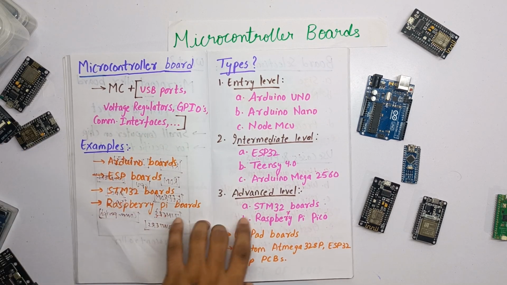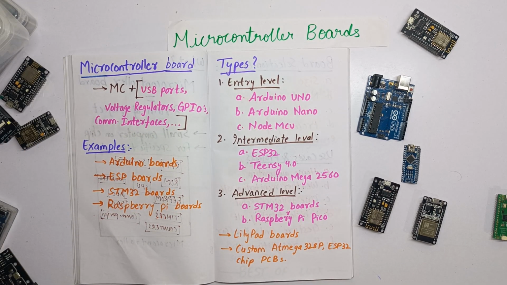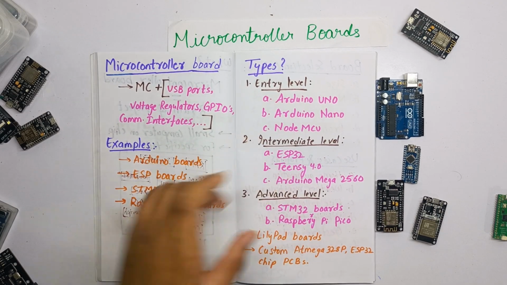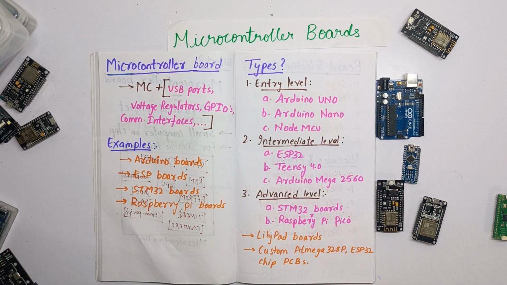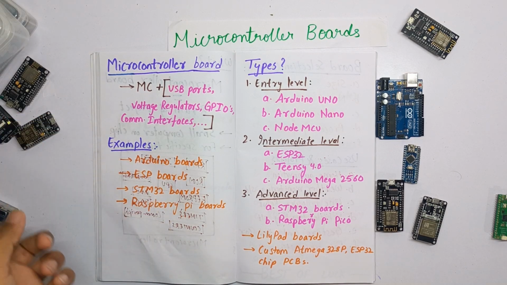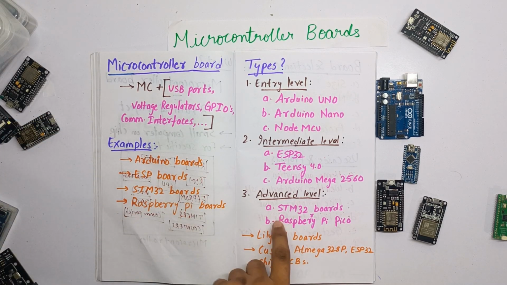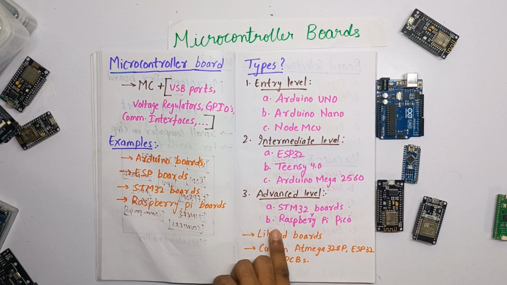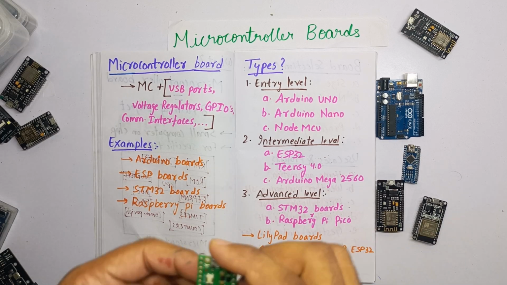And coming to advanced levels, we have STM32 boards. STM32 boards are majorly used in industrial applications where there should be no delay, and where a lot of accuracy is needed. In those applications we use STM32 boards. Coming to Raspberry Pi Pico.